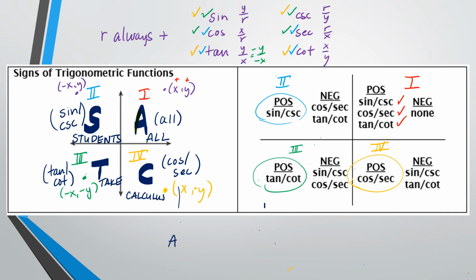ASTC, all students take calculus, and then you have to remember that it goes in order of the quadrants. So it starts in quadrant 1, and then it makes like a C shape and goes around to quadrant 4.